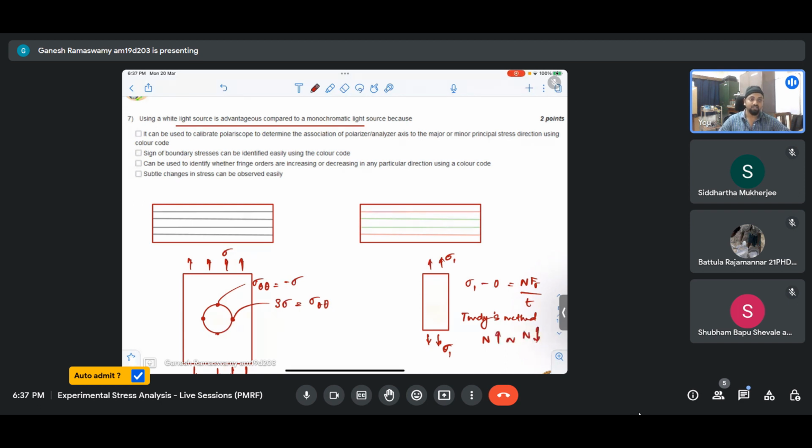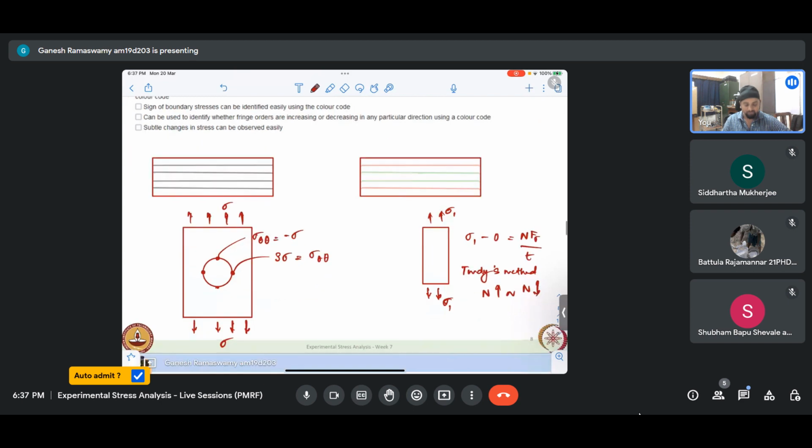So based on that, we can discern the basic information about the polariscope arrangement we currently have. Then we take it to this problem and do the same thing. We know that at this point, tension exists. If we rotate the analyzer to account for Tardy's method and see a similar response, we can infer from the uniaxial tension specimen that our isoclinics pertain to the major principal stress direction.